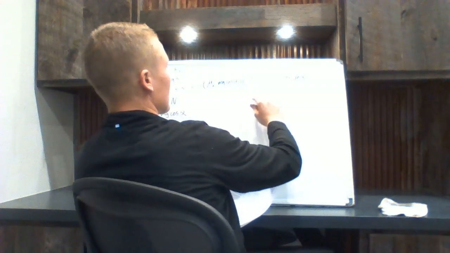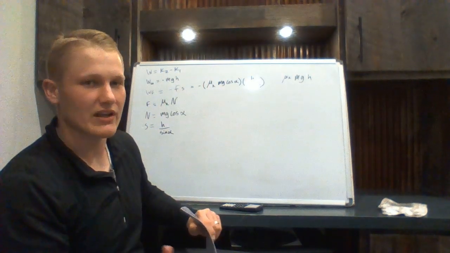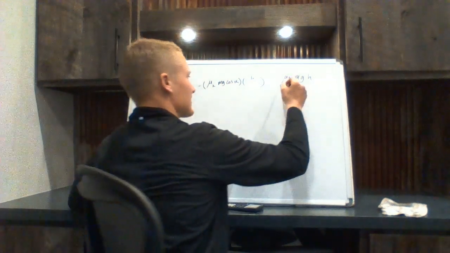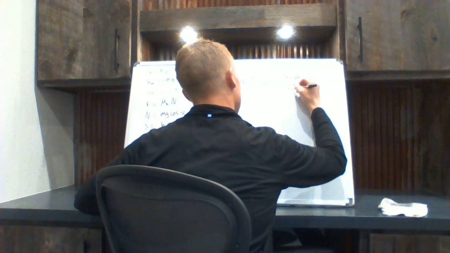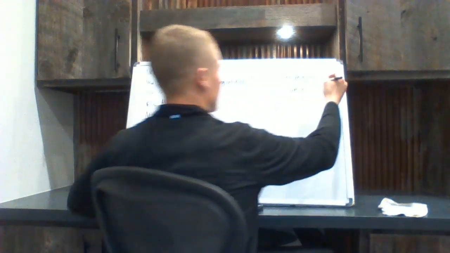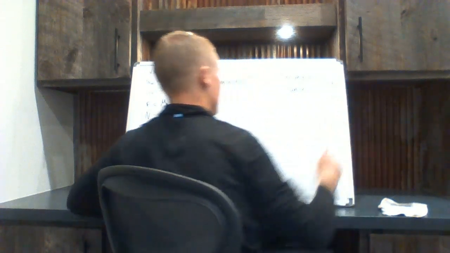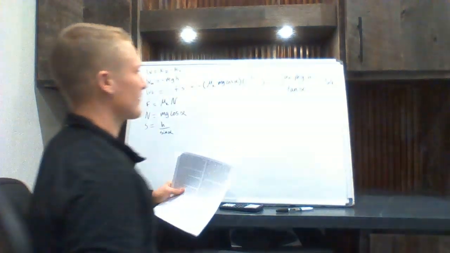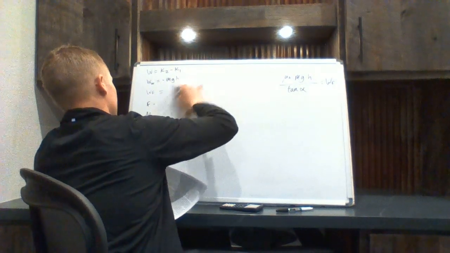We have cosine over sine, so let's go under h here. Cosine over sine is cotangent, but we're going to write it as just over tangent of alpha. And that is the work due to friction.